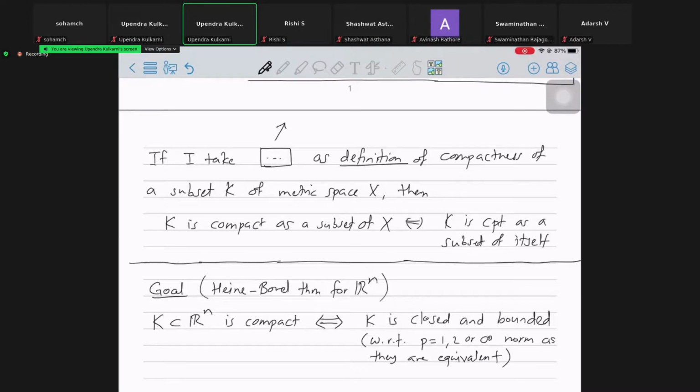And whether a set is bounded or not is also the same with respect to any one of them.